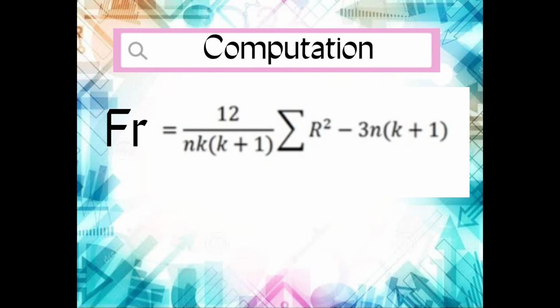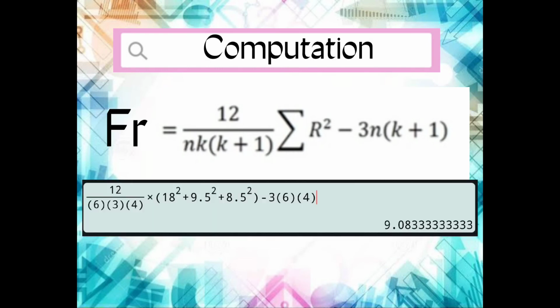So this is our formula. Then we substitute. So 12 is a constant number over nk. So n is the participant, which is 6. Then k is the number of groups, so 3. Open parenthesis k, which is 3 plus 1 is equal to 4. Close parenthesis times summation of the total rank.